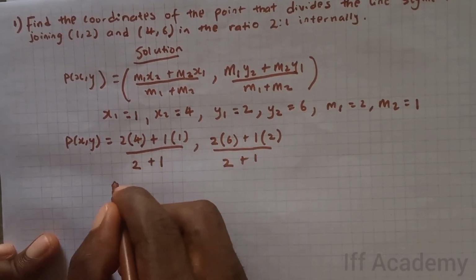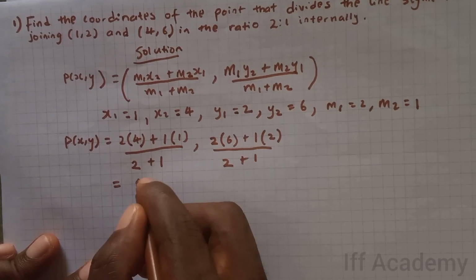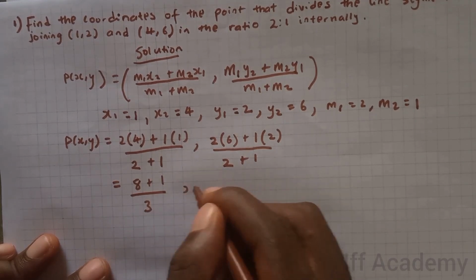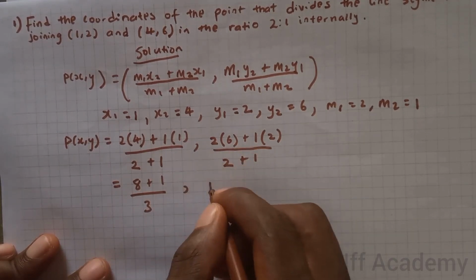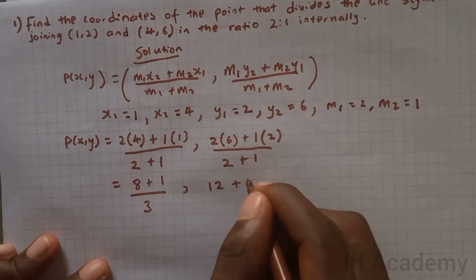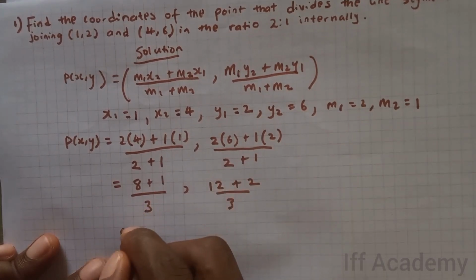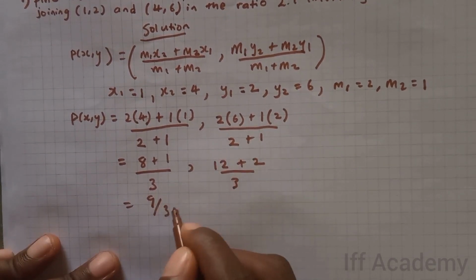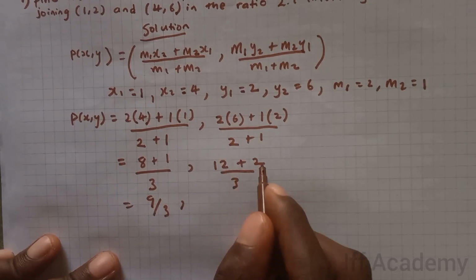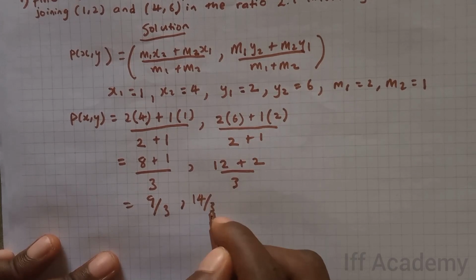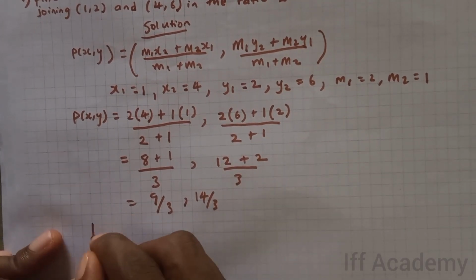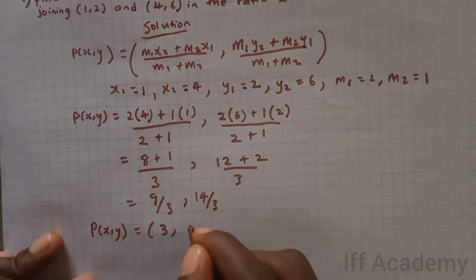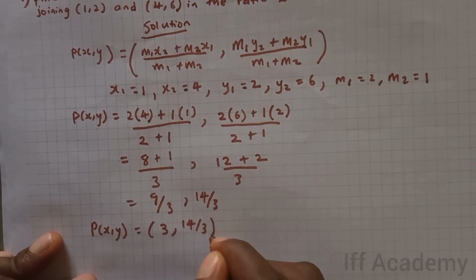So when you solve this, you have 2 times 4 is 8, plus 1 times 1 is 1, over 2 plus 1 is 3, and we have 2 times 6 is 12, plus 1 times 2 is 2, over 3. So we now have 9 over 3, and 12 plus 2, 14 over 3. So the coordinate of this point that divides the line would be (3, 14/3).